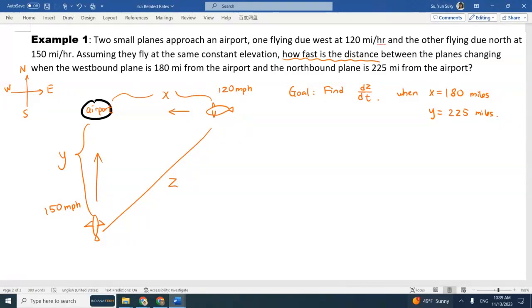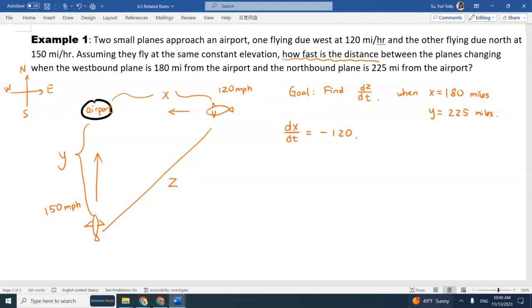Miles per hour is the velocity, right? So from the picture, we know velocity is dx dt. And because your x is increasing or decreasing? Decreasing. So your velocity will be negative.